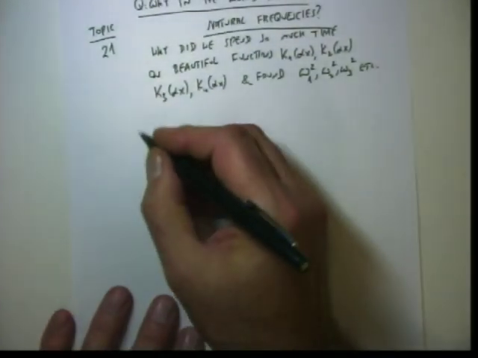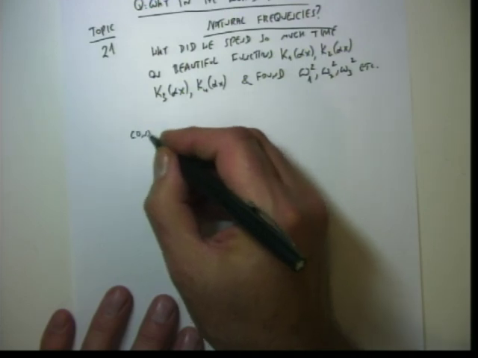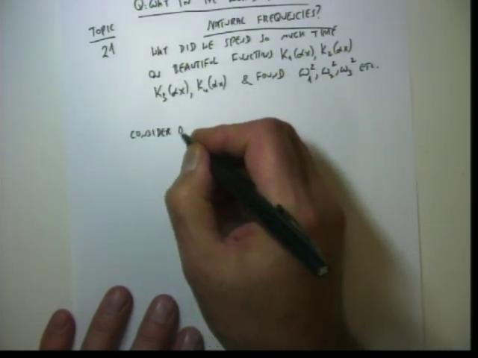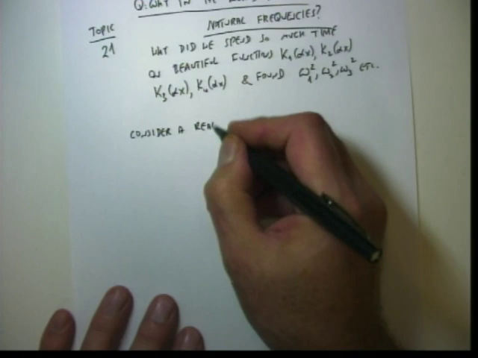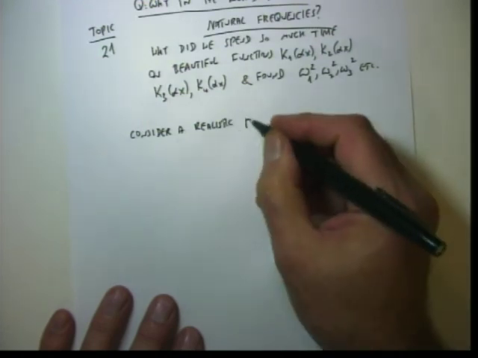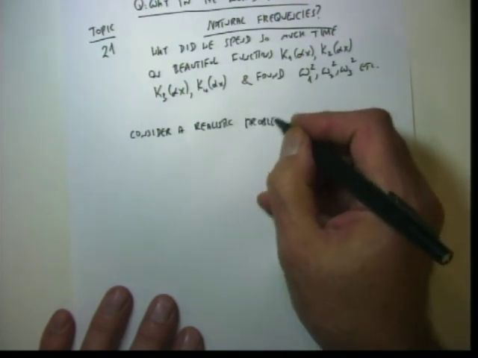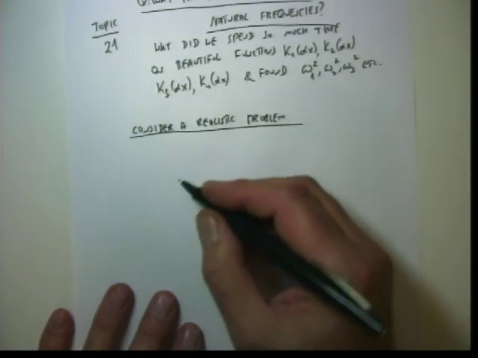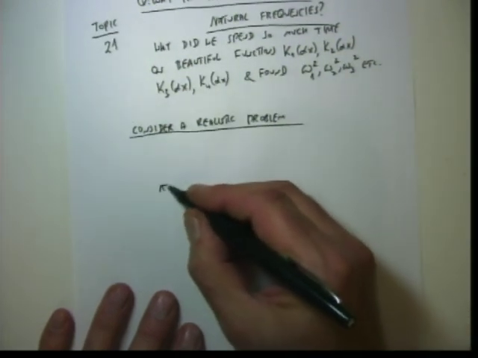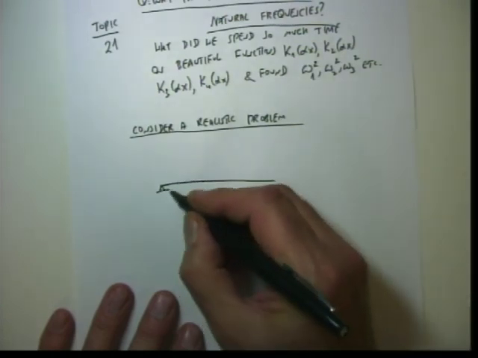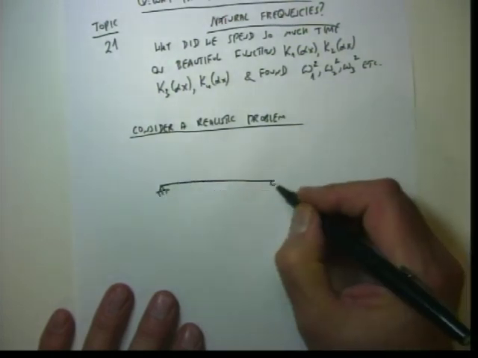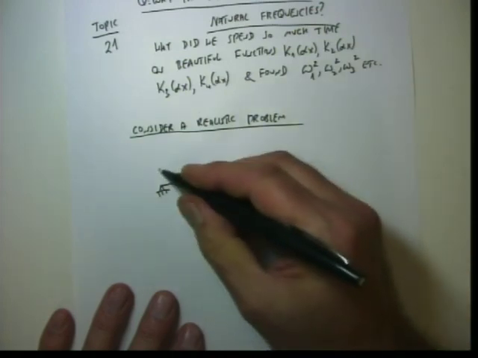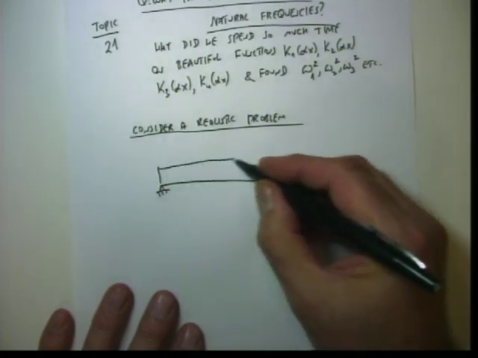21. Okay, so therefore we will consider a realistic case, a realistic problem. And the problem is like this. Say there is this beam, simply supported beam, and it is excited by such a load.